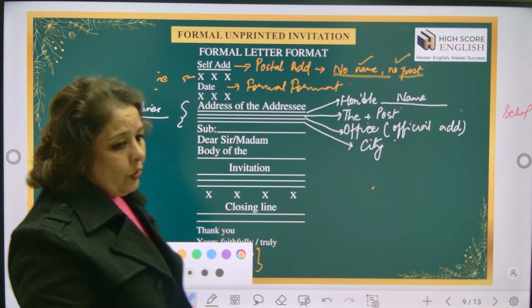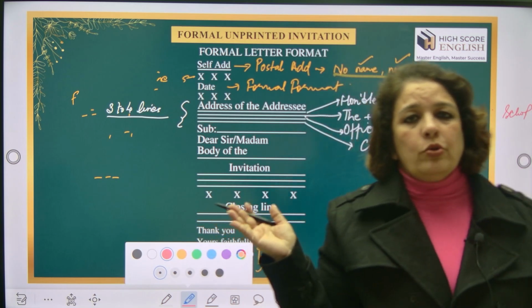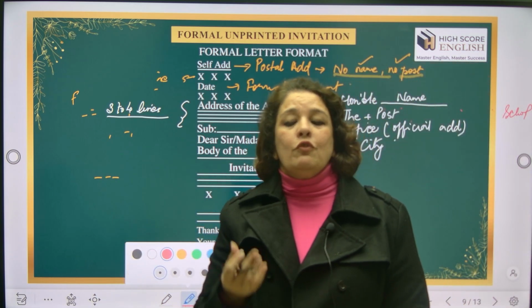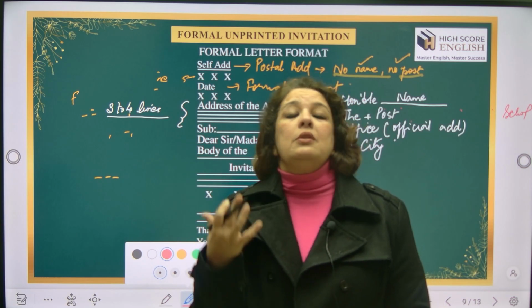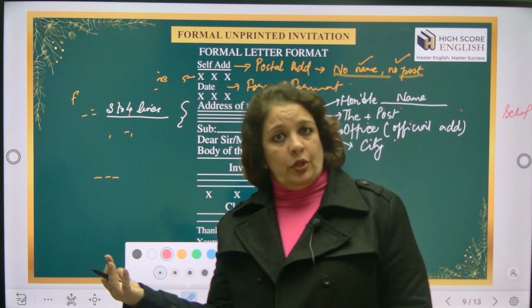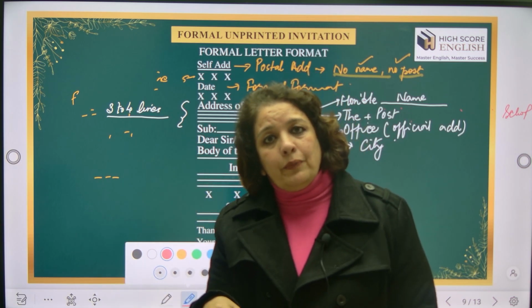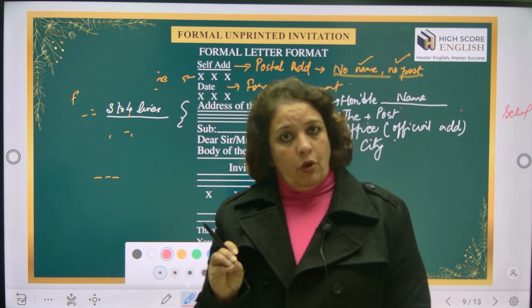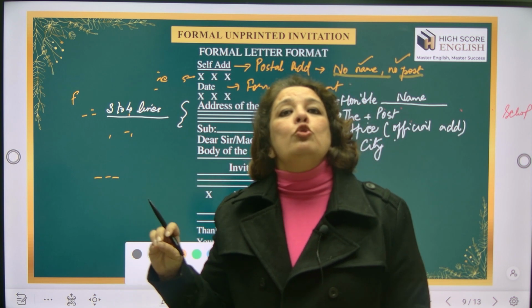Subject is always, we know, what is this question all about? This question is all about invitation. When this question is all about invitation, so we have to start with the word invite or invitation. If we are starting the subject with the word invite, then we have to write to invite. And if it is invitation, invitation to be.